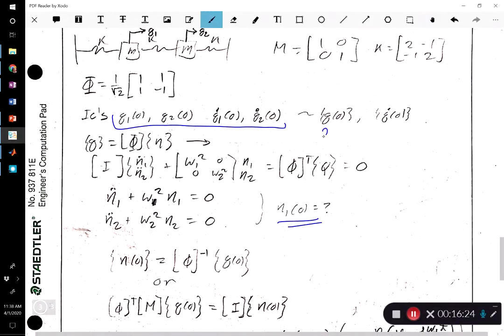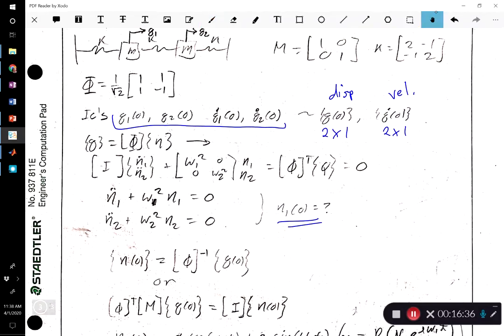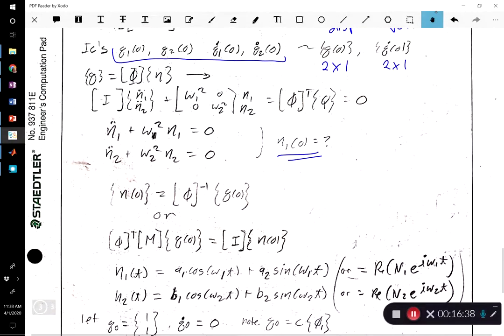And we can assemble those into some 2x1 vectors of the initial displacements and the initial velocities. And so those are our knowns, but we need to map those to the modal coordinates to be able to solve these equations. These equations don't know about the q's.